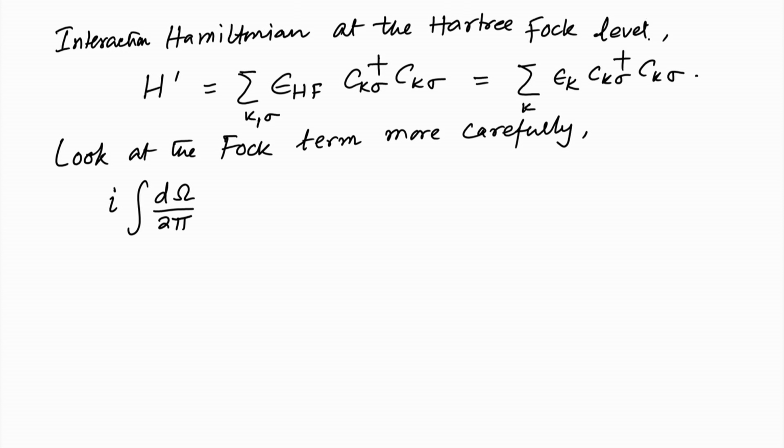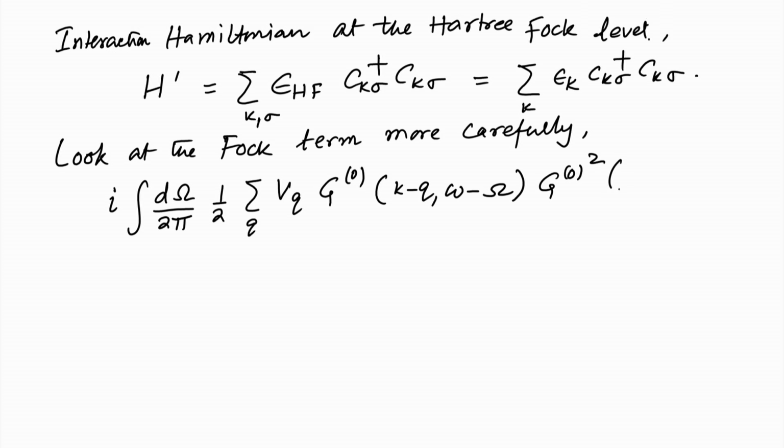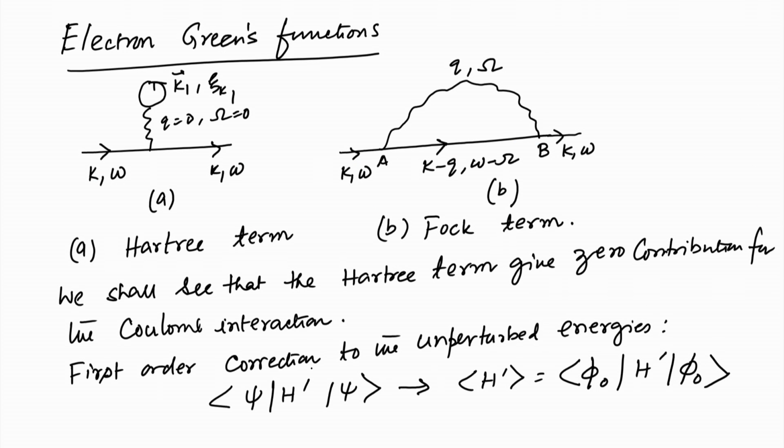This 2 pi in the denominator is routinely put for the normalization, and then there is a half, and then there is a q v q, and there is a g 0 and a k minus q omega minus omega, and then there are g 0 square and there is a k omega.